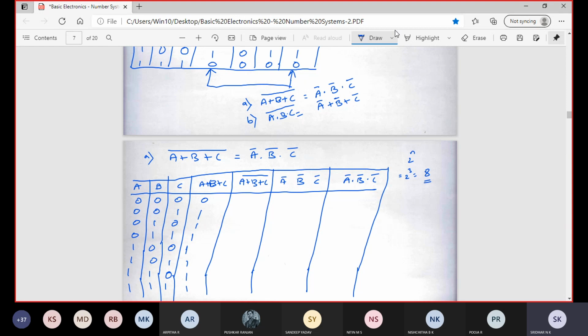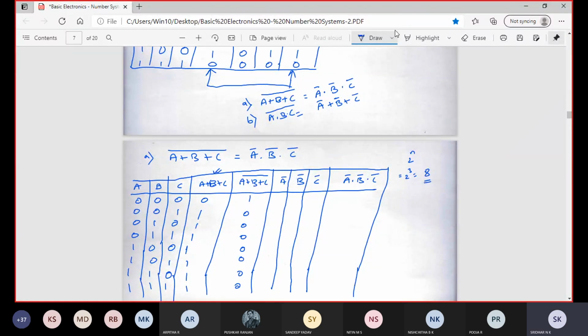So this column. Negation of this, correct? Negation of this column. So what will be the negation of this column? It will be 1, 0, 0, 0, 0, 0, 0, 0. Correct? Right.